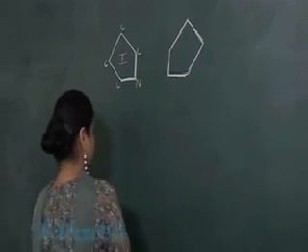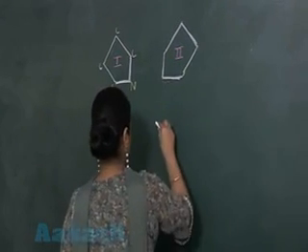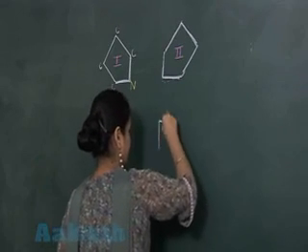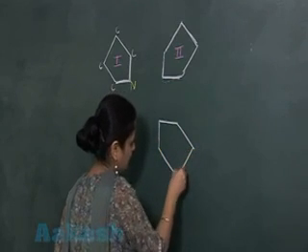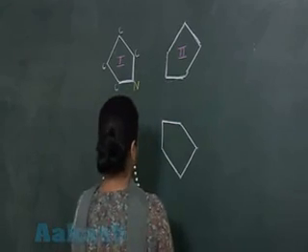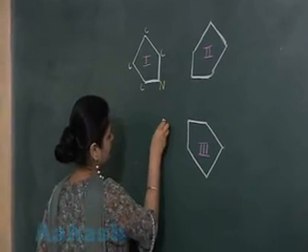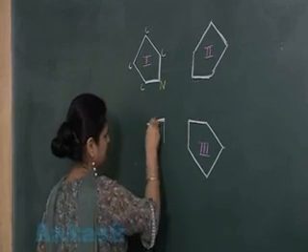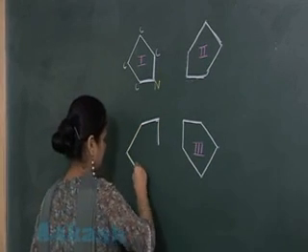This is second one. Third one. And this is the fourth pyrrole ring.